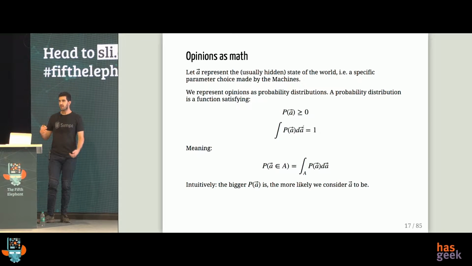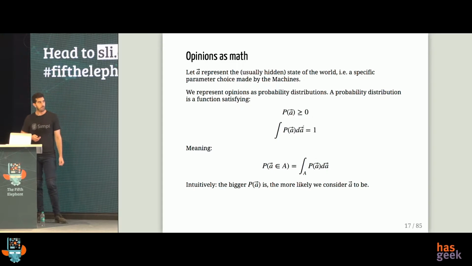Those parameters that you're having difficulty finding. So our function P of A has to be positive. It has to integrate out to 1. And where this function is larger, that means we have a stronger opinion that that value of A is likely to be the true one.